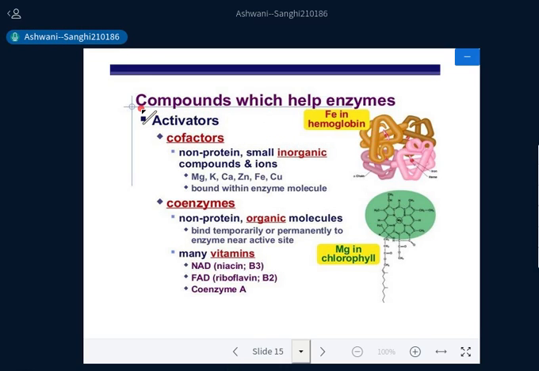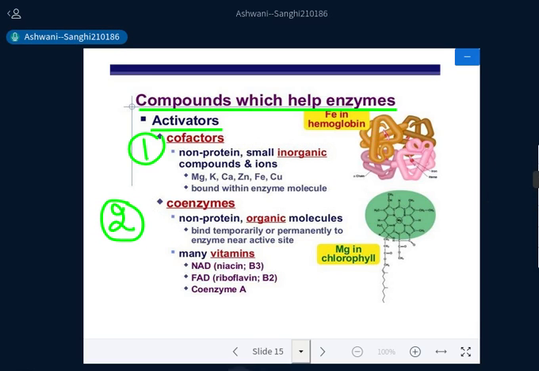Then, as we have discussed, enzymes are protein in nature. Some enzymes require a non-protein part which helps the enzyme to catalyze a reaction, and these compounds which help the enzymes are called activators. These activators are generally called prosthetic groups, and these are of two types: cofactors and coenzymes.